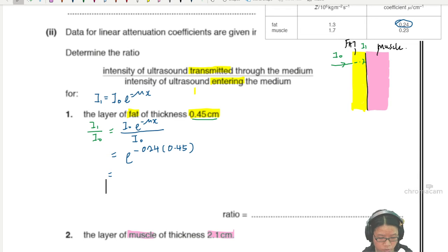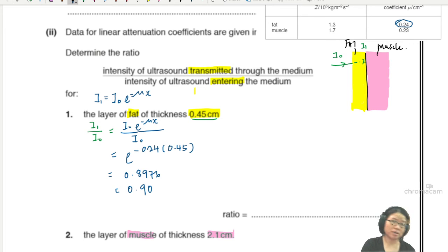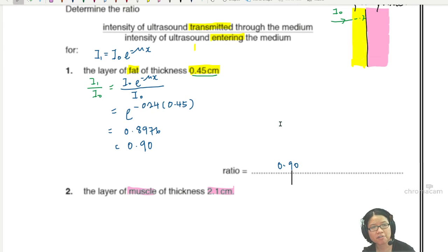That would give us a number of 0.8976. I write a bit more digits first, then I round it up, if it makes you uncomfortable. 0.9 is fine. 2SF is good. All right, moving on.